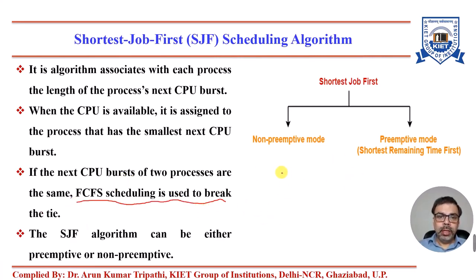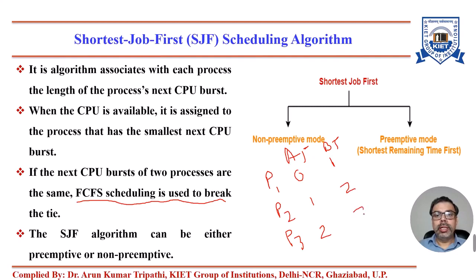For example, there are three processes P1, P2 and P3, and their arrival times are 0, 1 and 2. The burst time of process P1 is 1, and P2 and P3 require 2 and 2.